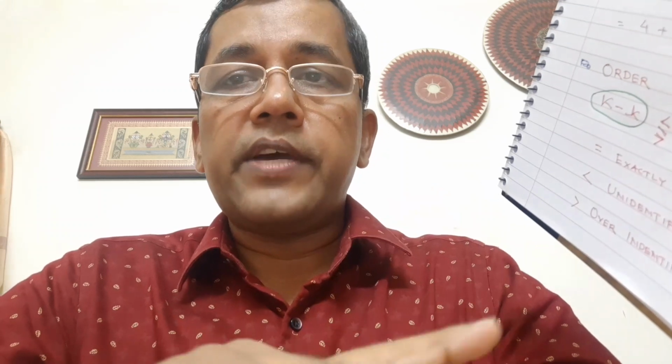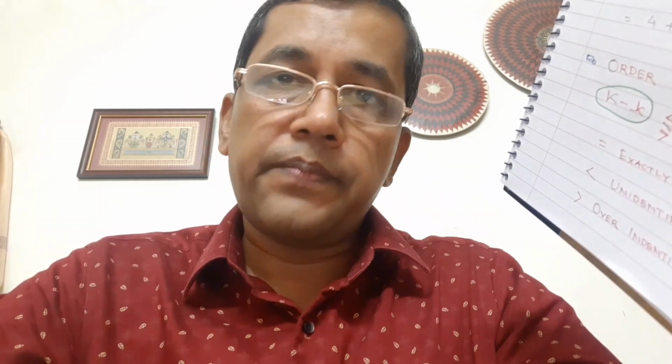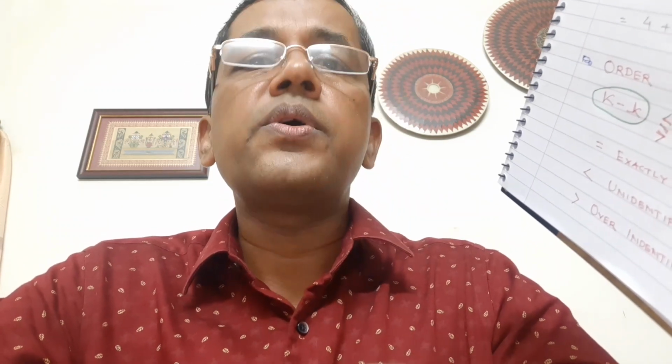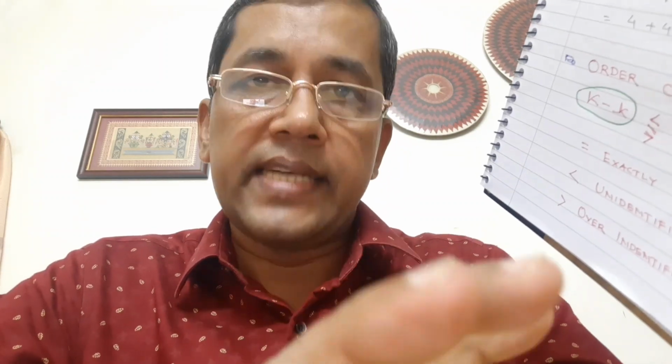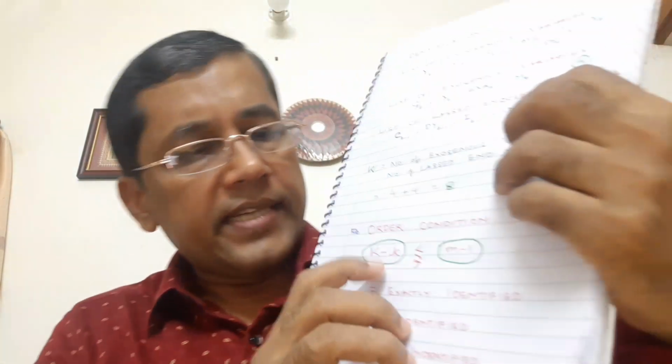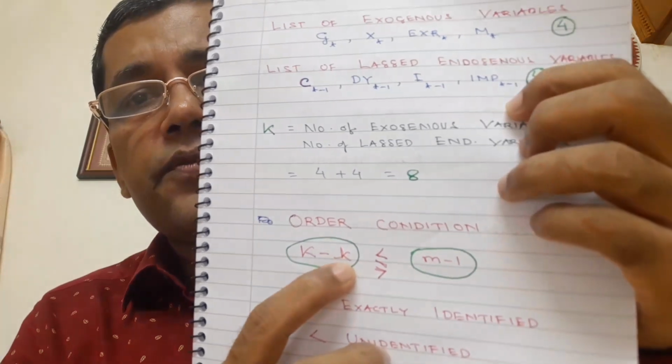So here we have 4 exogenous variables, 4 lagged endogenous variables. So capital K is 8, that is for the system, and small k is the number of predetermined variables in that particular equation for which we are checking whether that equation is identified or not. And then small m is the number of endogenous variables in that particular equation.